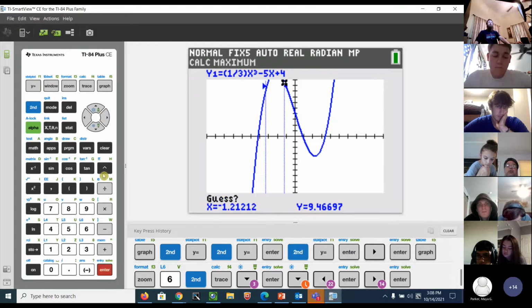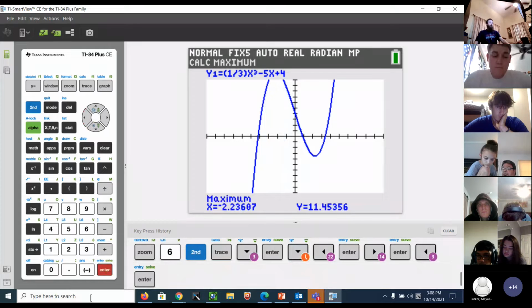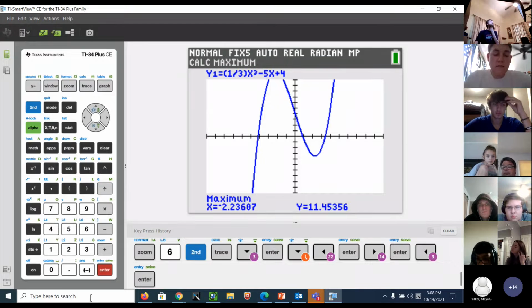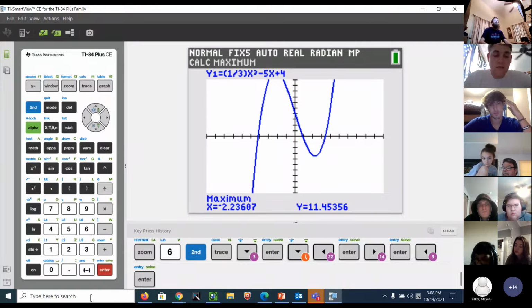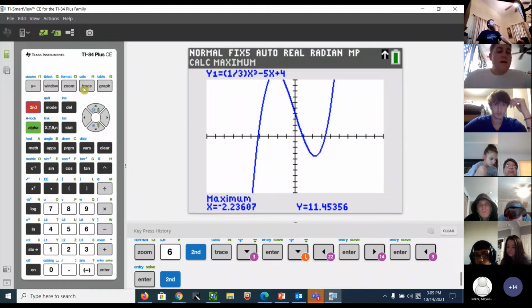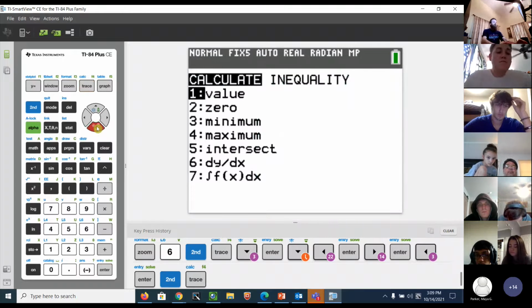And then I'm just going to go up there and hit enter. All right, so there's one place at the horizontal. X is equal to negative 2.23607. Y is equal to 11.45356.